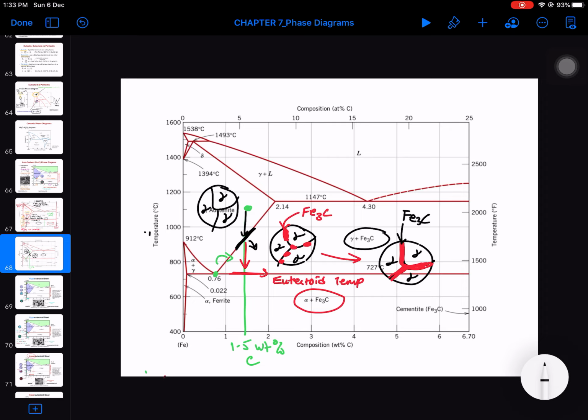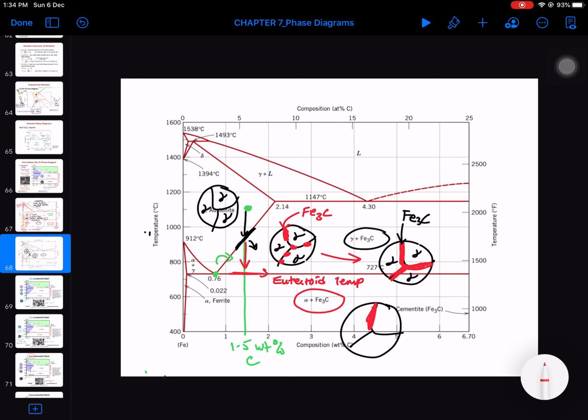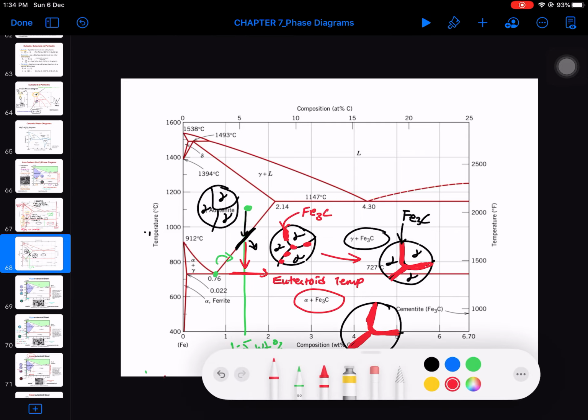But once it crosses the eutectoid temperature, the remaining austenite will change into alpha ferrite. So this is how it's going to look. We already have the cementite which occurs before you cross the eutectoid temperature, along the grain boundaries.